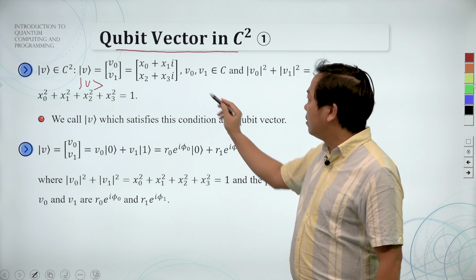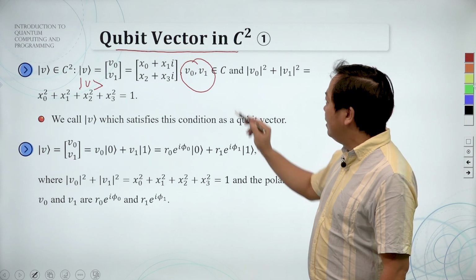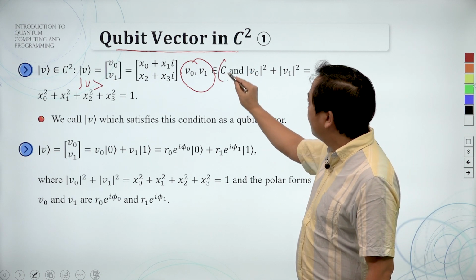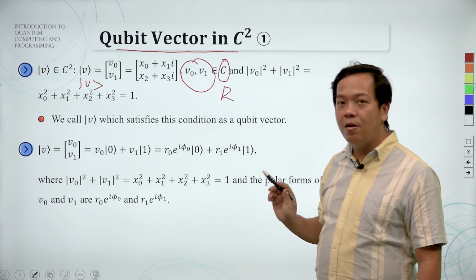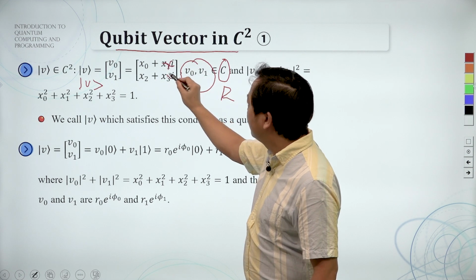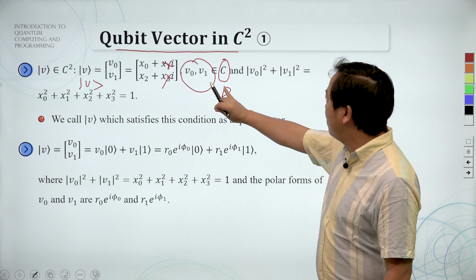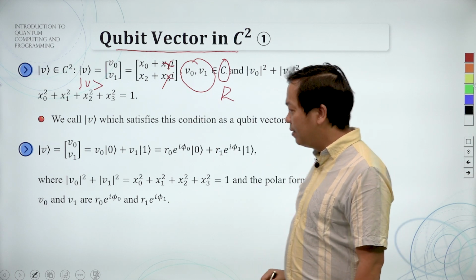Here is important: v0 and v1 need to be in this. If this one is R, we do not have this part. But if this one is in C, we need to have this one. Just remember.